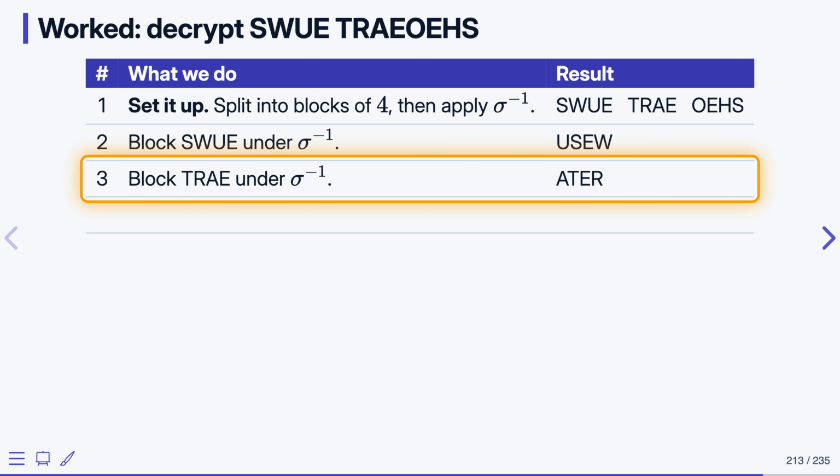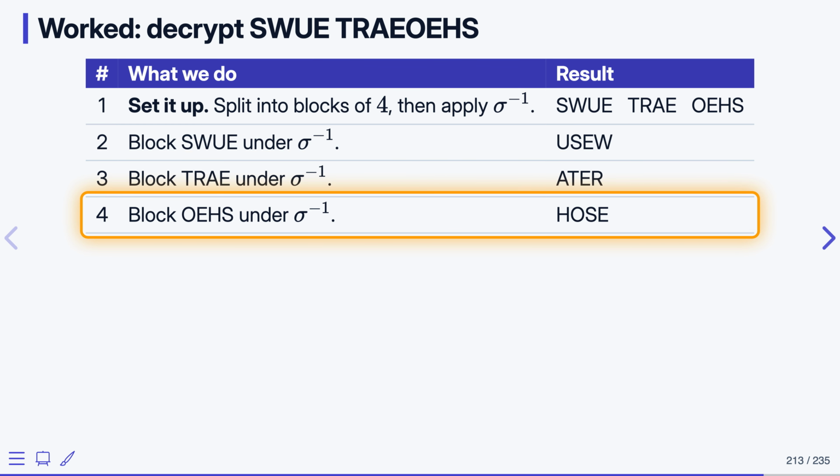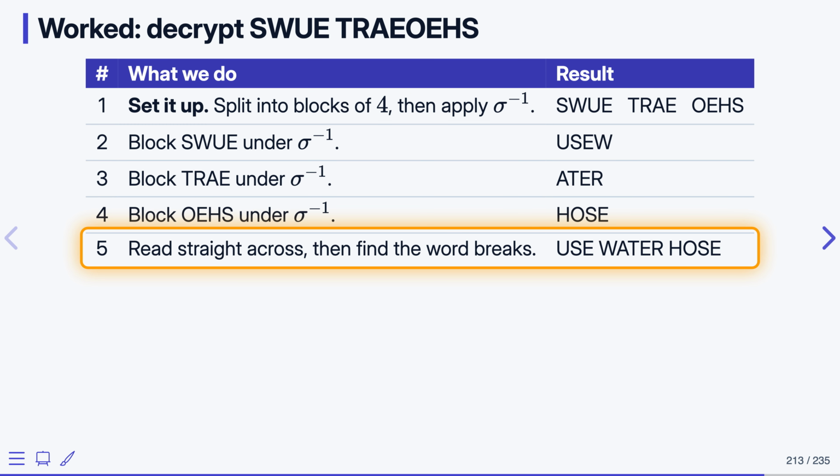Step 3, the second block TRAE becomes ATER. Step 4, the third block OEHS becomes HOSE. Step 5, read straight across: USEWATERHOSE. The block boundaries are not the word boundaries, so we look for the real words. It says: use water hose.